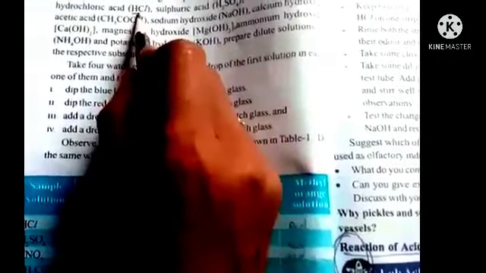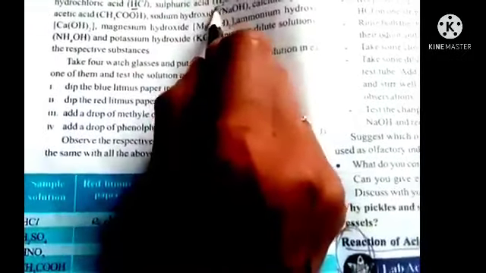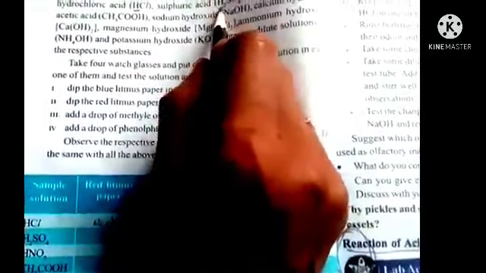Every acid has H plus ions. Listen here. Substances giving H plus ions are called acids, and substances giving OH minus ions are called bases. Listen here once.